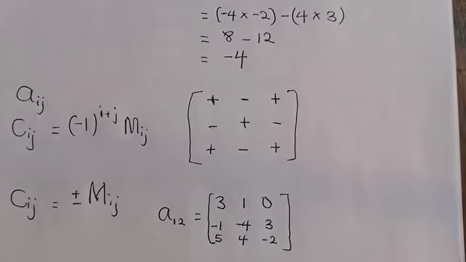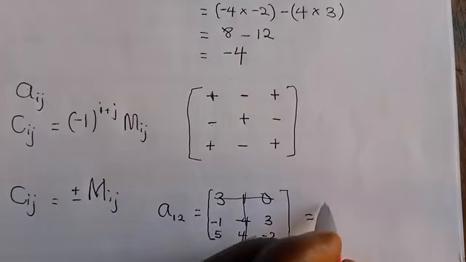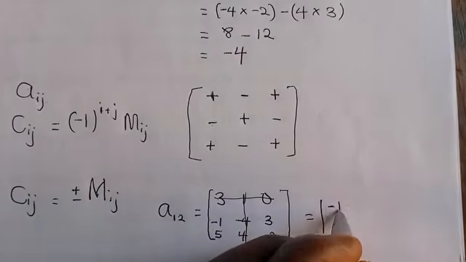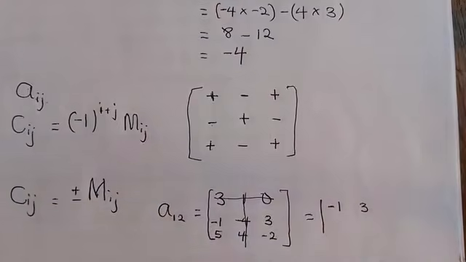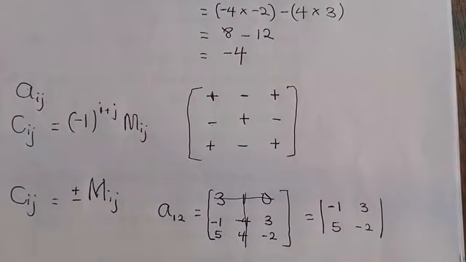So if we are looking at A12, it means we are dealing with row 1 and column 2. So if we delete row 1, column 2, what we are left with is minus 1 and 3 in the first row. Then we have 5 and minus 2 in the second row.